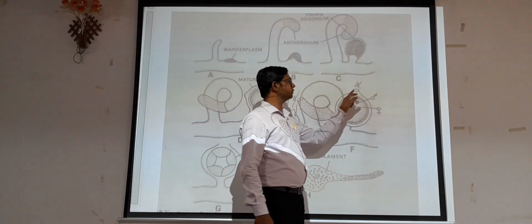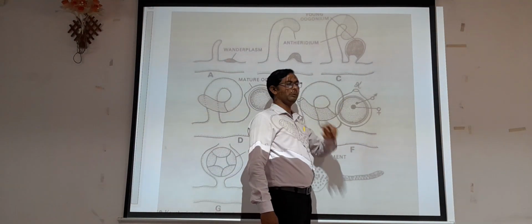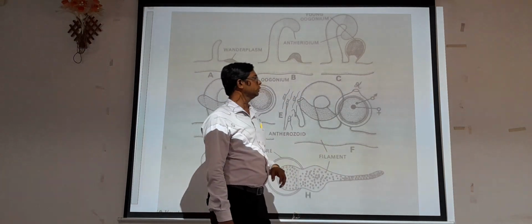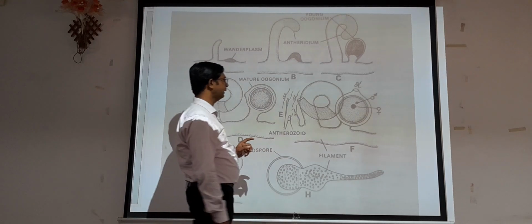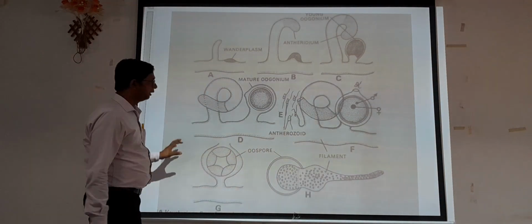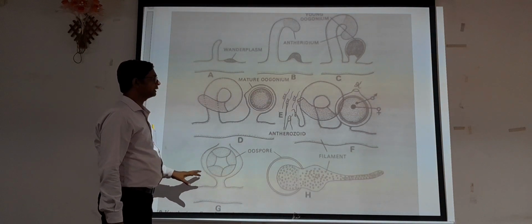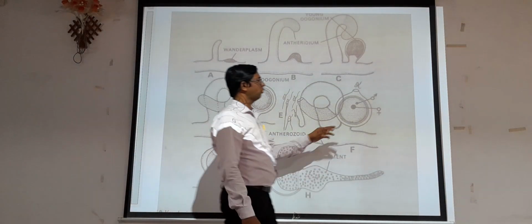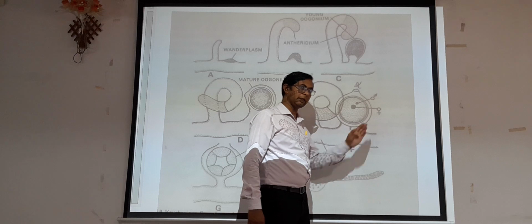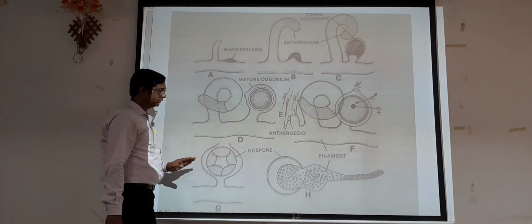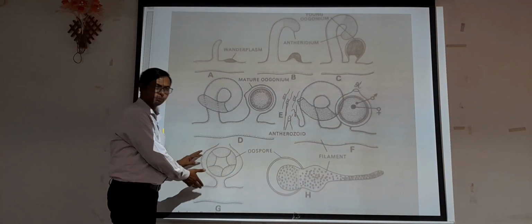So when they reach this oogonium, there is an opening in the oogonium. Through this opening, only one antherozoid will get entry to the inside. Now after getting entry inside, the nuclei of the male and female sex organs will fuse, fertilization will take place, and after fertilization it will produce an oospore.